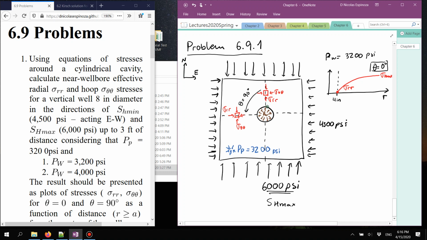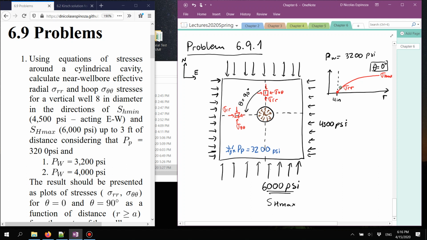And as you go further away along this line, increasing R, at theta always equal to 0, sigma theta theta is going to tend to the far field value. It's going to be sigma h min minus the pore pressure. And in this case, that particular number is going to be 1300 psi.